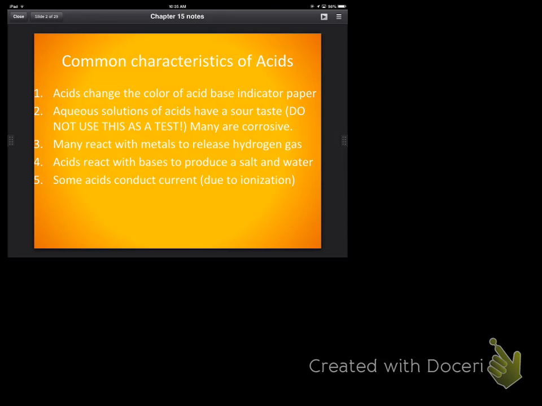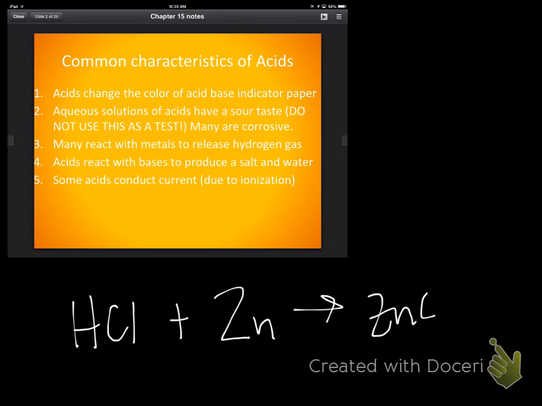And when you mix the hydrochloric acid, the HCl, plus, was it zinc or magnesium we used? Maybe it was zinc. We got a zinc chloride and we got hydrogen gas. Okay? So we got a zinc chloride and a hydrogen gas. That's one of the reactions.